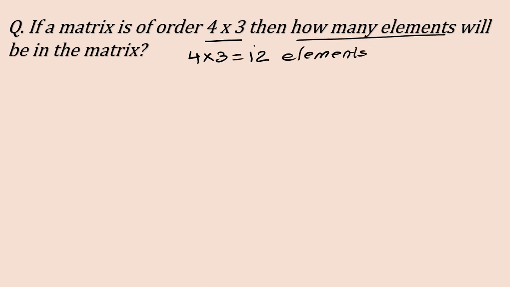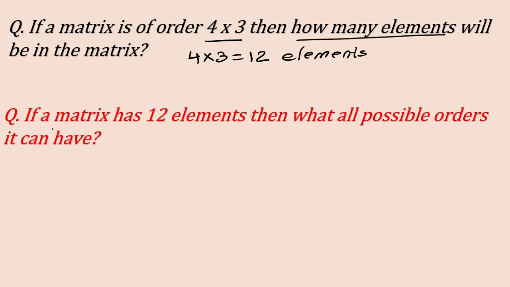But if you have its reverse question, like this: if a matrix has 12 elements, then what all possible orders can it have? Now you see, if I ask you the question, what will be the answer of 4 multiply 3? Then what you will say? 12. Everybody will say 12. Yes. But if I ask its reverse question, that tell me the two numbers whose multiplication will be 12, then the answer will not be unique.